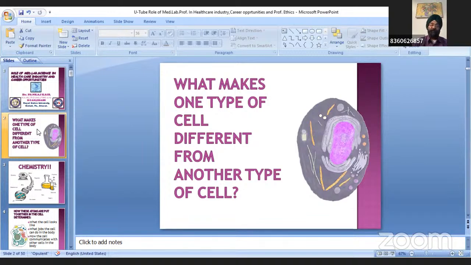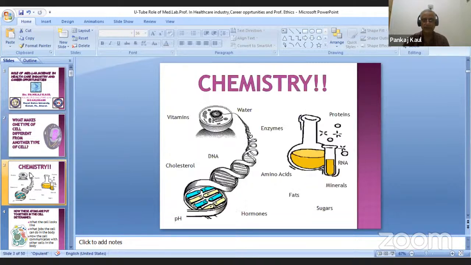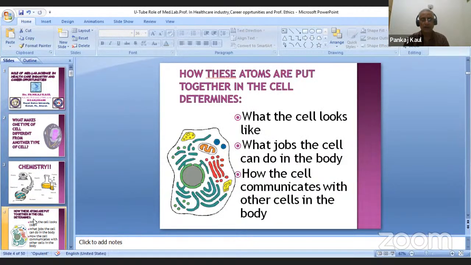What makes one type of cell different from another? It depends upon the chemistry of the cell, which has vitamins, water, DNA, enzymes, protein, RNA, etc. And how these atoms are put together in the cell determines what the cell looks like, what jobs the cell can do in the body, and how the cell communicates with other cells in the body.